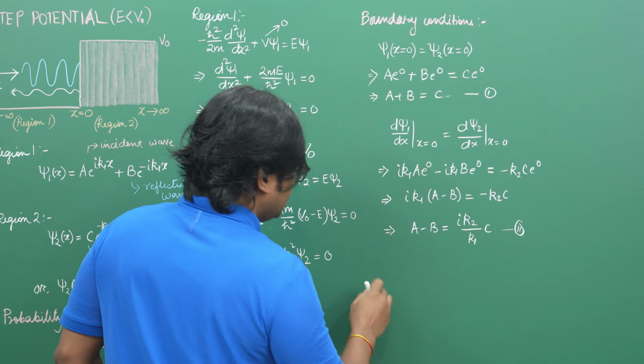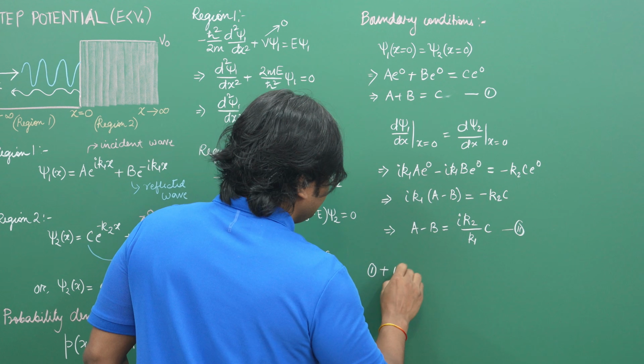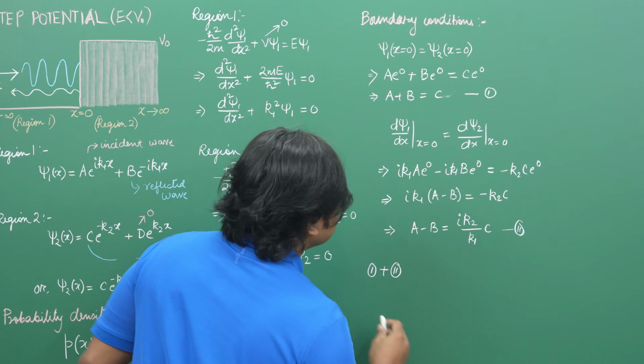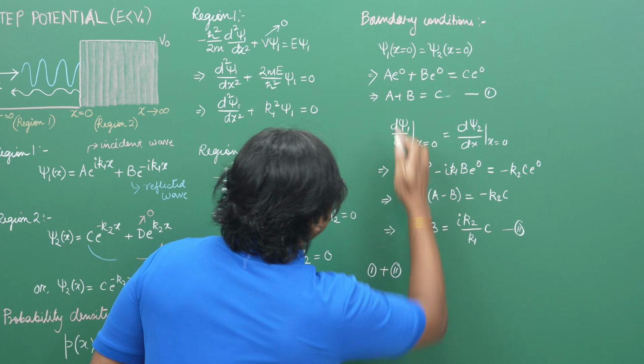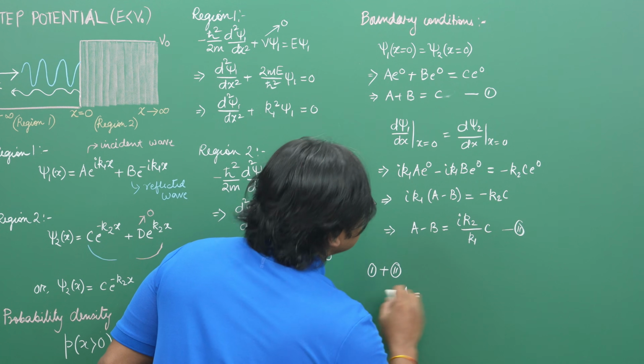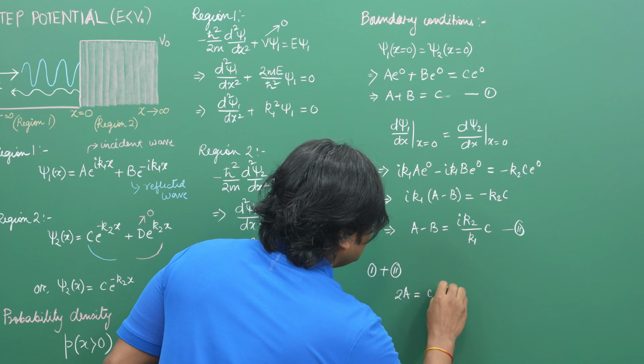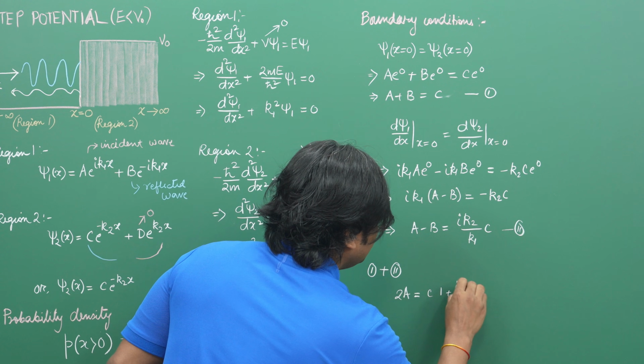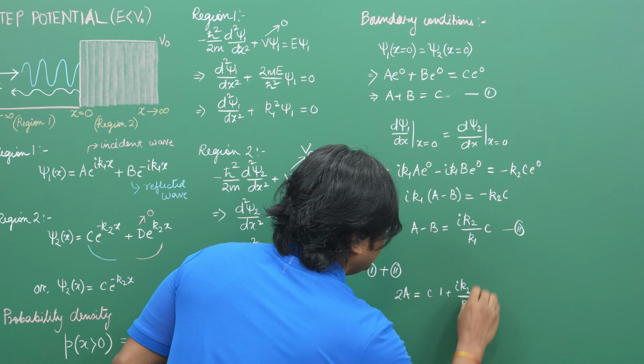So if I add points number 1 and 2, just add them, I get a plus b plus a minus b, and b gets cancelled. I have 2a is equal to c, which is common, times 1 plus iota k2 upon k1.